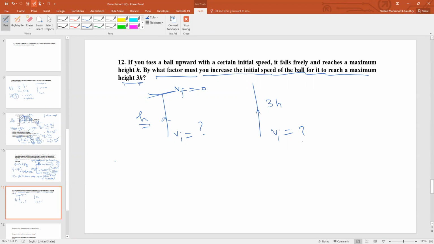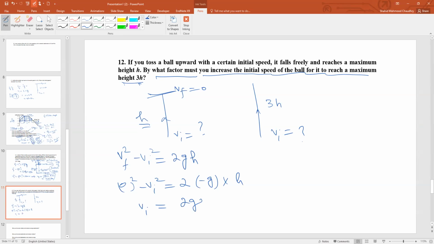The same formula: vf square minus vi square is equal to 2gh. Here vf is 0, so minus vi square is equal to 2 into minus g into h. So vi is equal to root of 2gh. This is one formula.